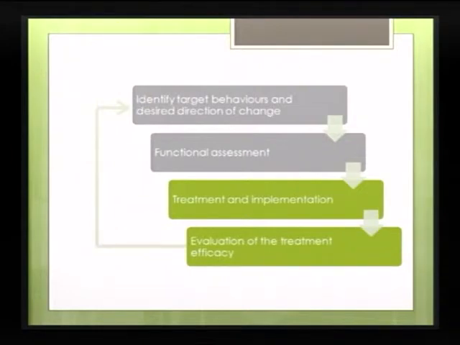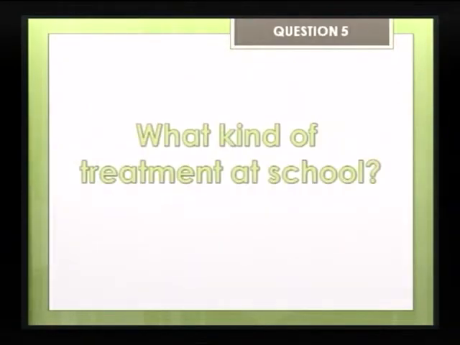Once we identified the functions related to unwanted behavior, it is possible to plan a treatment and implement it. Obviously, I will run very fast about this issue because my colleagues have already told you something about the treatment.